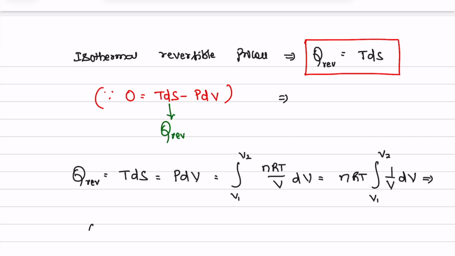That implies Q reversible is equal to nRT into ln. The integral of 1 by V dV is nothing but logarithmic, log V, which means log V2 minus log V1, is log V2 by V1, the natural logarithm ln V2 by V1.